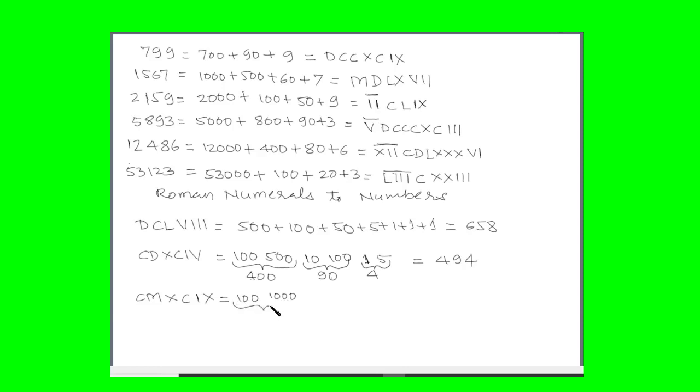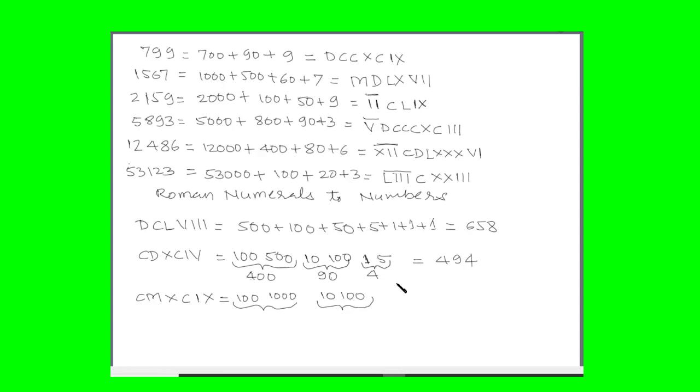So this is to be subtracted. Now XC, X is 10 and C is 100. Again here X is a smaller symbol than C. So 10 is to be subtracted from 100.